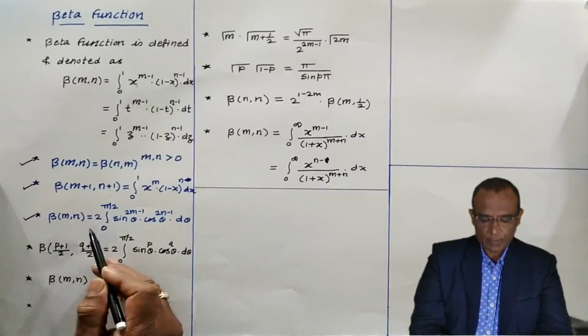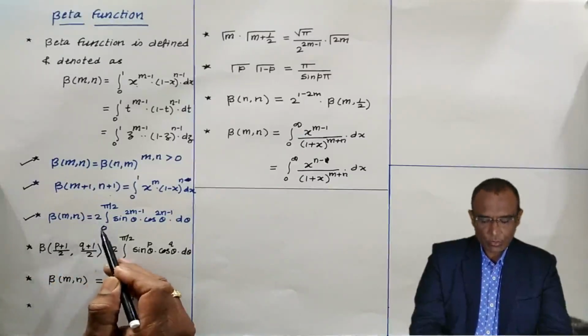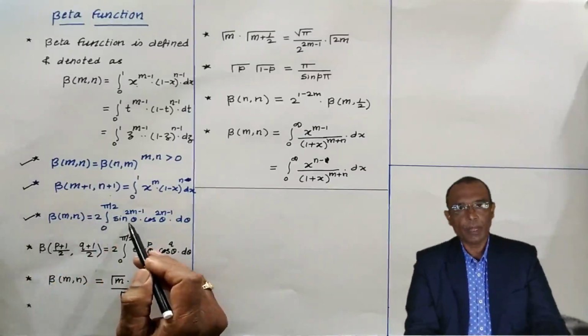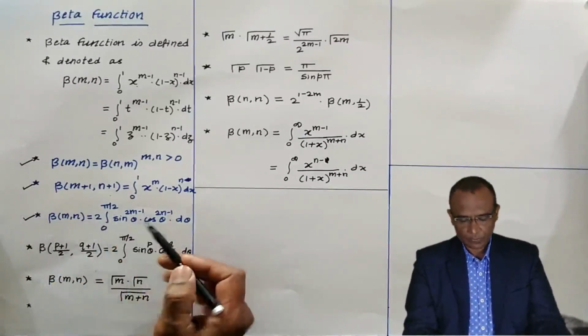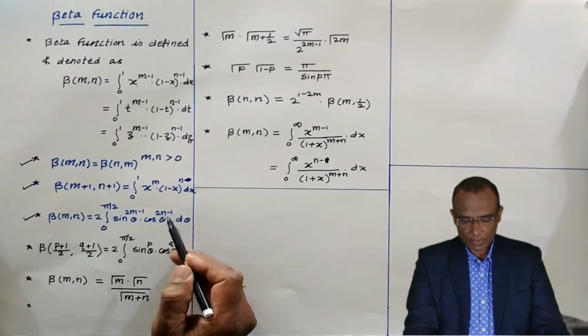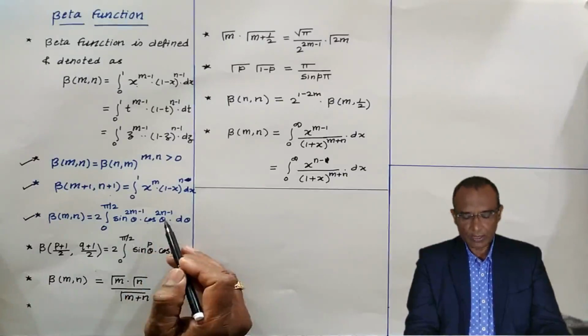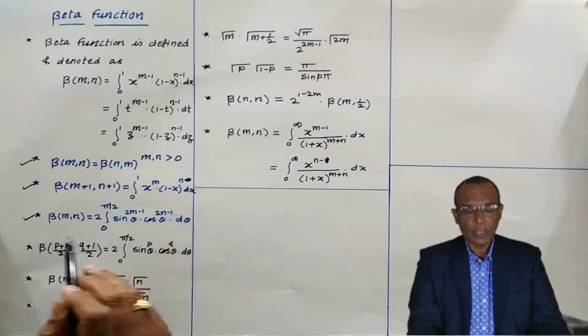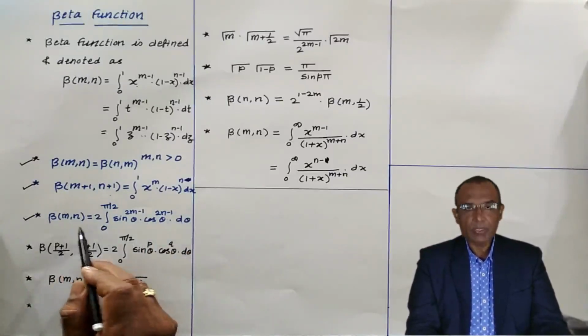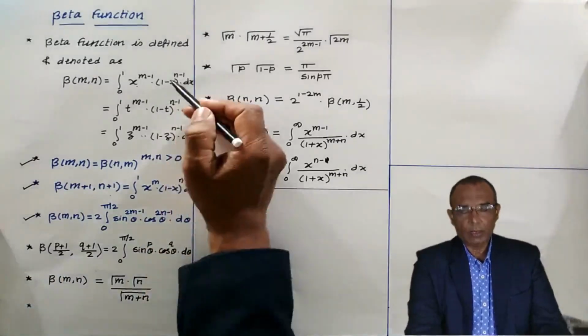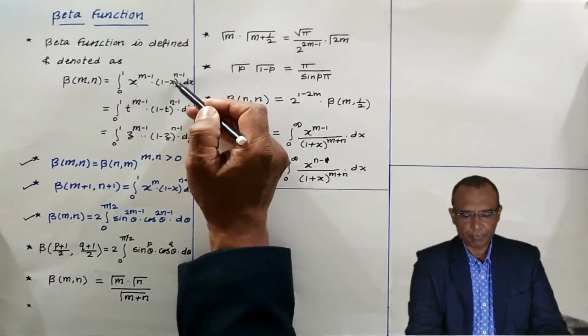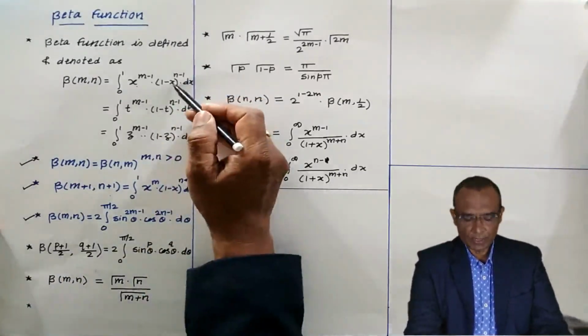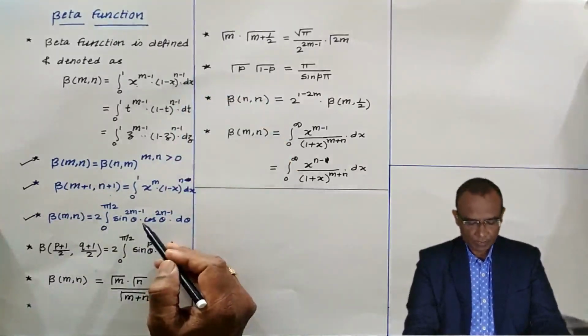Beta(m,n) equals 2 times integral from 0 to pi/2 of sin^(2m-1) theta cos^(2n-1) theta d theta, and this integral with respect to theta is again beta(m,n). This can be easily proved by substituting x equal to sin^2 theta. Substitute x equal to sin^2 theta here, you will get this.